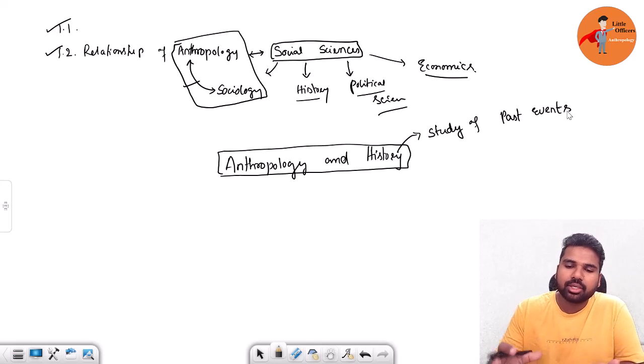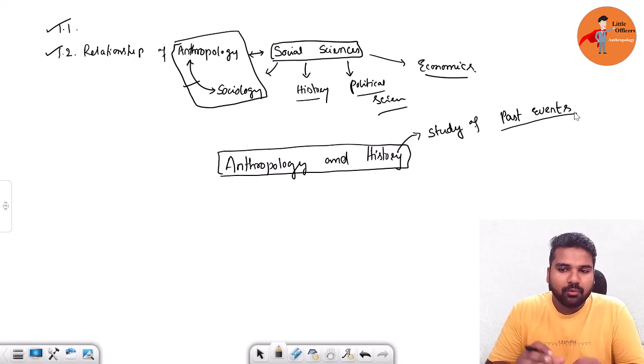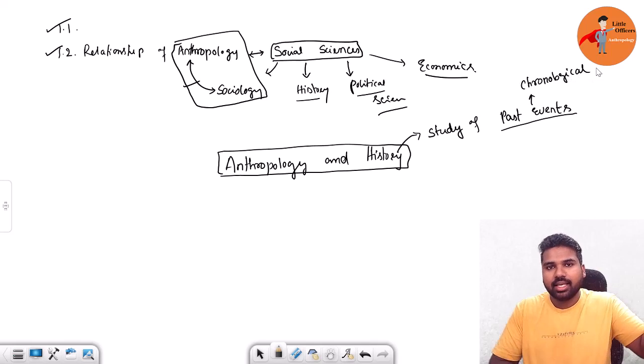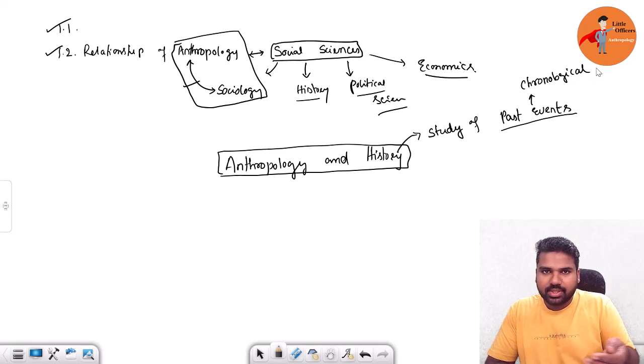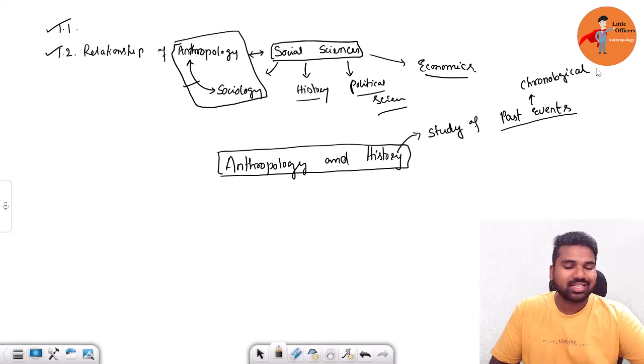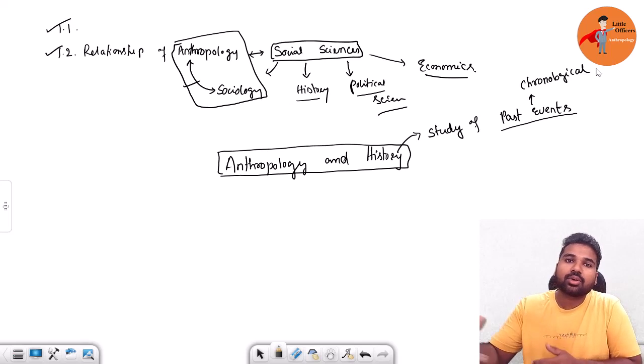But I'm just going to do a little bit of refining, where we do the study of past events in a systematic and chronological order. This is very important. We study in the chronology with the time. As the time progressed, what changes have happened, what events have happened, these things we cover in the chronological manner.